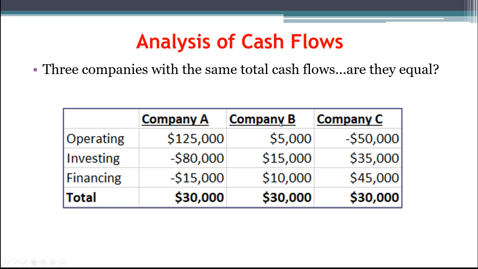Now let's take a look at Company B. They had positive operating cash flows, but not a very big amount. They still needed to get to $30,000 total, though, so they did that by having two positive amounts in investing and financing. Now, again, you might think, well, hey, positive for investing and financing, that must be good, right?